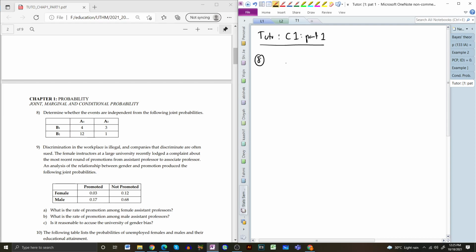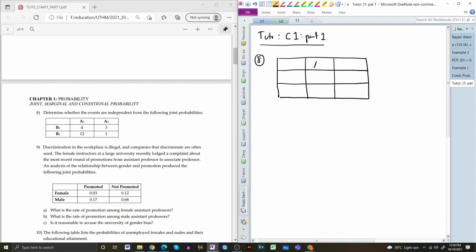So they give you the frequency, and you want the probability.